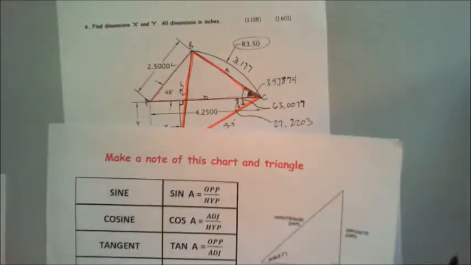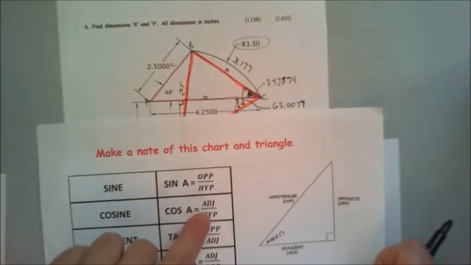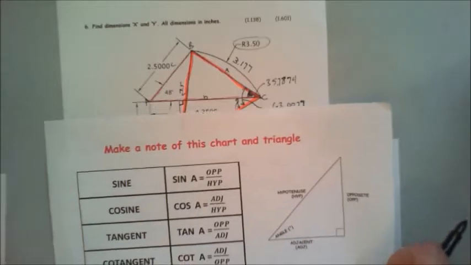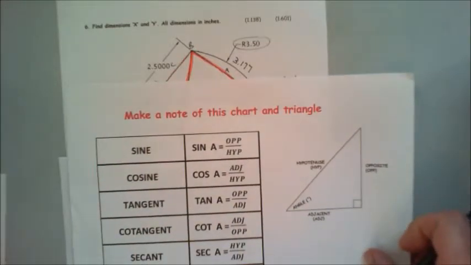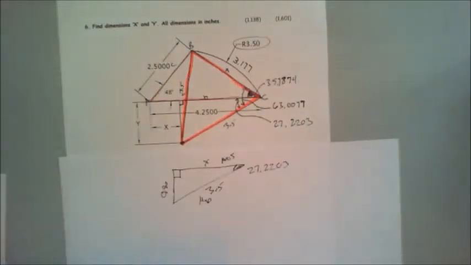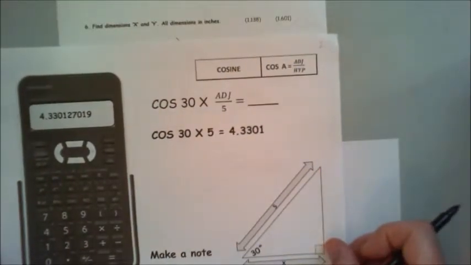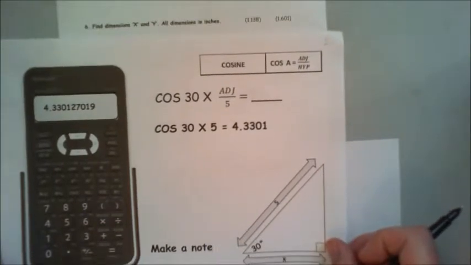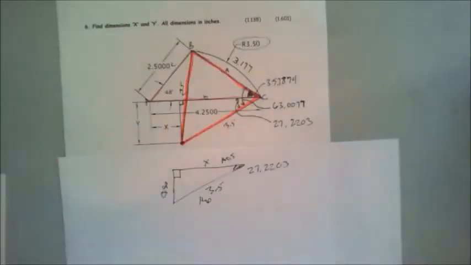So adjacent goes on top, adjacent over hypotenuse. There we go. I'm going to be using cos. That's a formula I'm going to use to solve my triangle. So let's write it out.